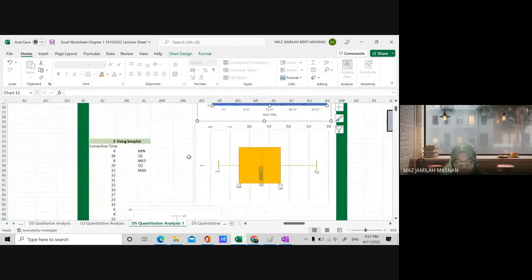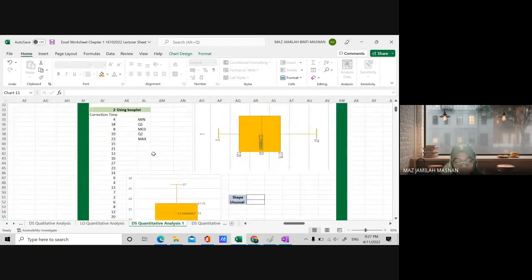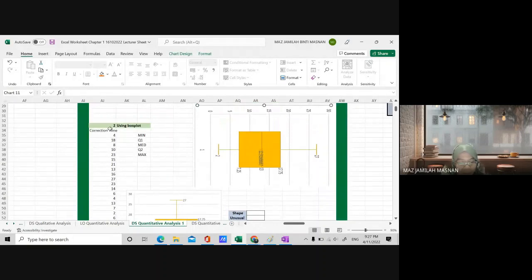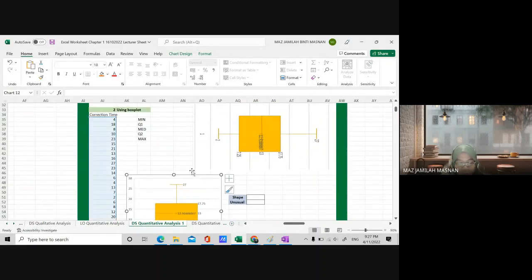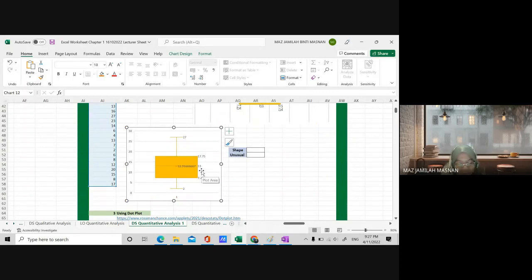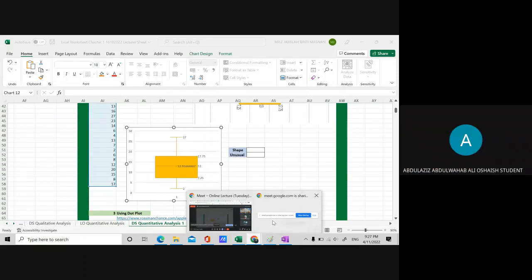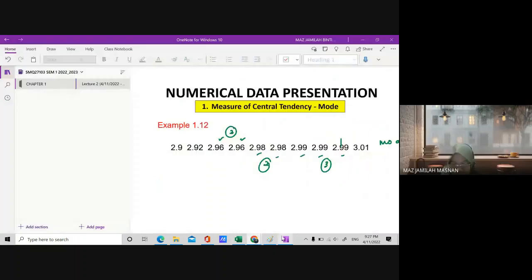And then we also used box plot to come up with charts for this quantitative data. I have already shown you this last time, right, class? Are you all with me, class? Yes, doctor. Yes, madam. Okay.